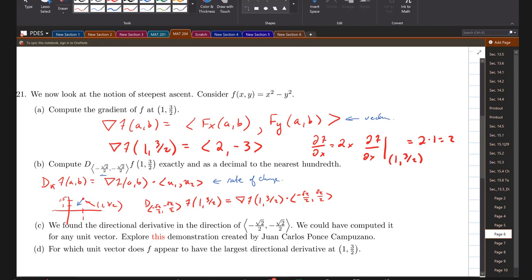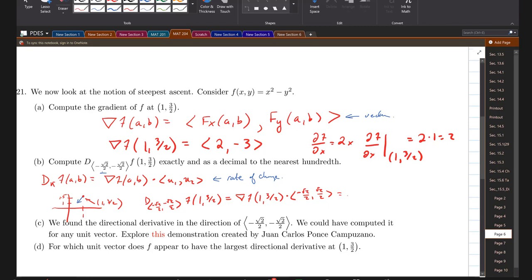Okay. So if we go to compute this, we're going to take our answer from before where we found that the gradient was the vector 2, -3. That was from part A there, where we said the gradient was 2, -3. And we're going to dot that with our direction vector.